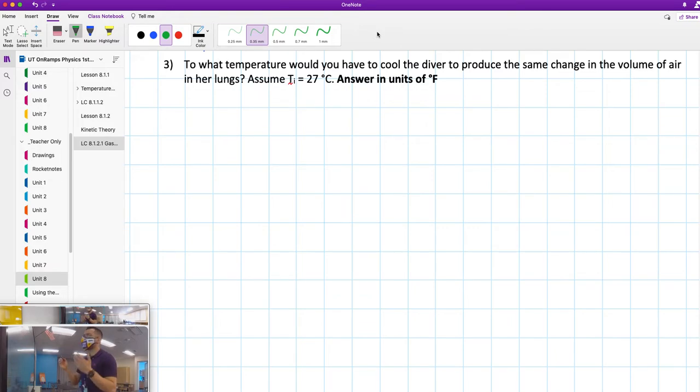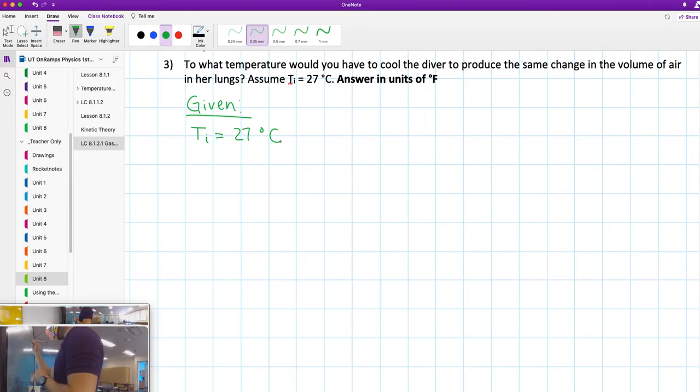Now, let's start with the given. As you can see, there is not a lot of explicit given, just the initial temperature, which is 27 degrees Celsius. Now, they want to know the temperature, so we're trying to find temperature, to produce the same change in volume, meaning a difference between final volume and initial volume, which we can get from question number 2.